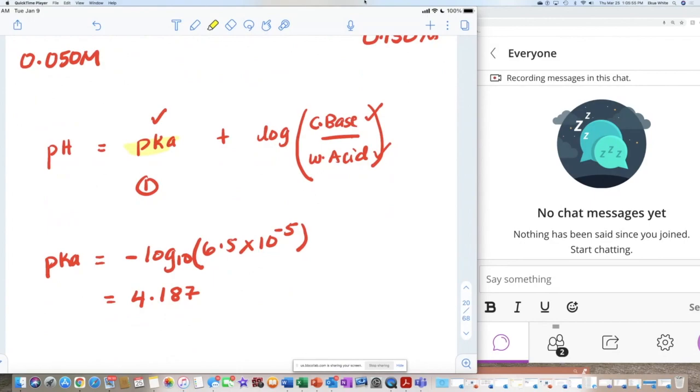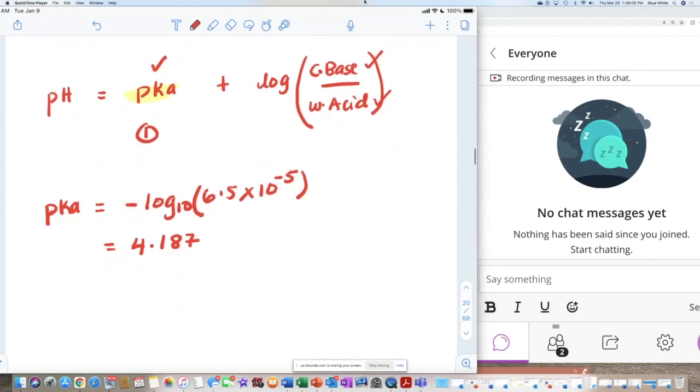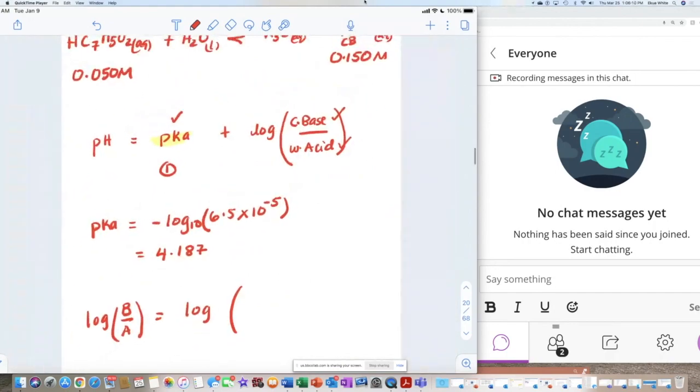Next, I'm going to do this part here. I'm doing this step by step. I'm going to do the log of base over acid. I'm going to write this shorthand here so I can see. I need a log, in parentheses, what's my base concentration? Oh, right here, 0.150 molar. Then my acid concentration, 0.050 molar.